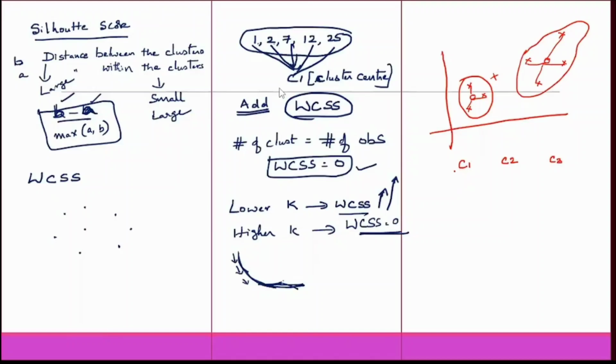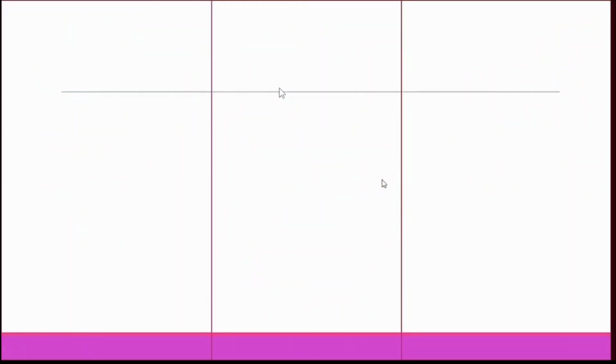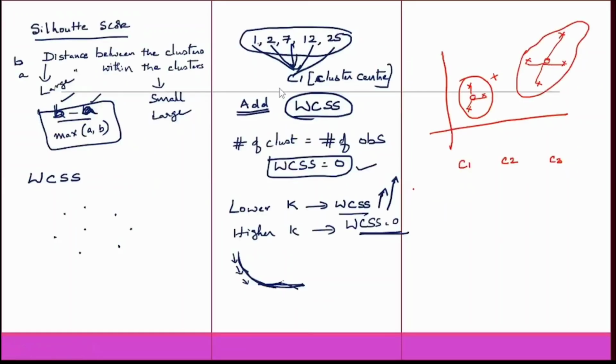Randomly, out of all your observations, 3 observations will be picked up. Then each observation, let's say I have some 170 observations, based on the distance, will be pushed into one of the clusters.